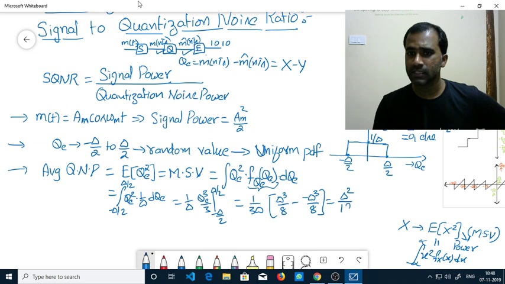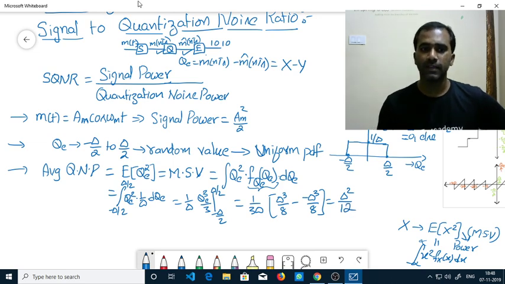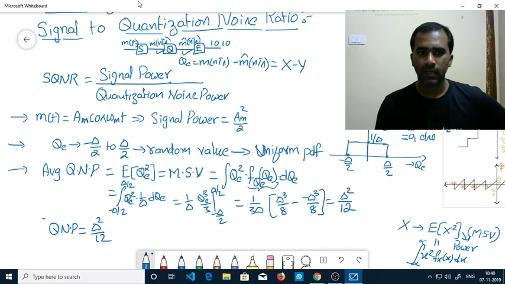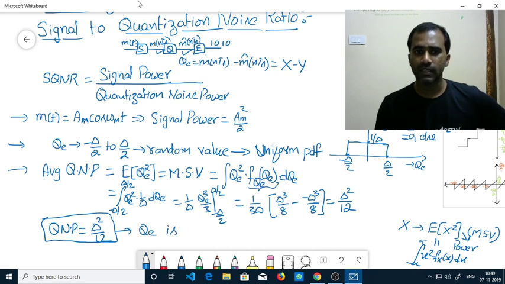So finally the answer is delta squared by 12. So the average quantization noise formula is delta squared by 12, and this formula is valid only under the assumption that quantization error has a uniform PDF.